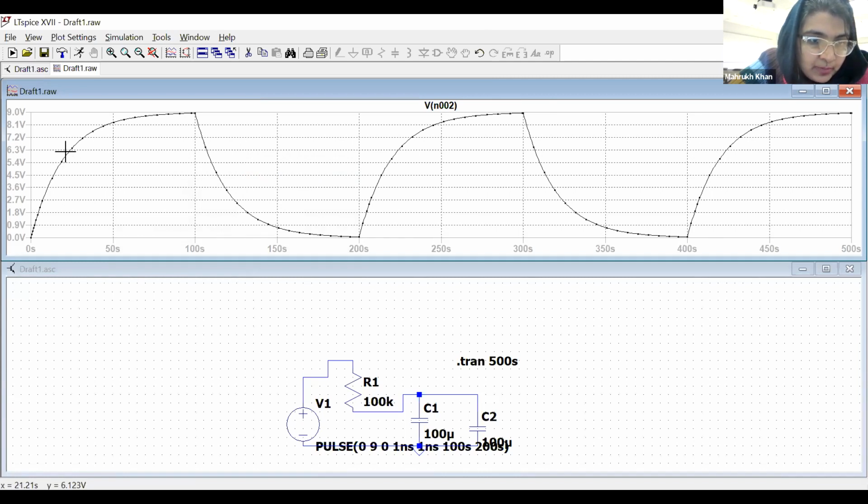Something in between 5.9 volts and 5.5, something like that. You are getting in between that around 20 seconds. So you just have to show this. Do you understand why I took 100 seconds here?